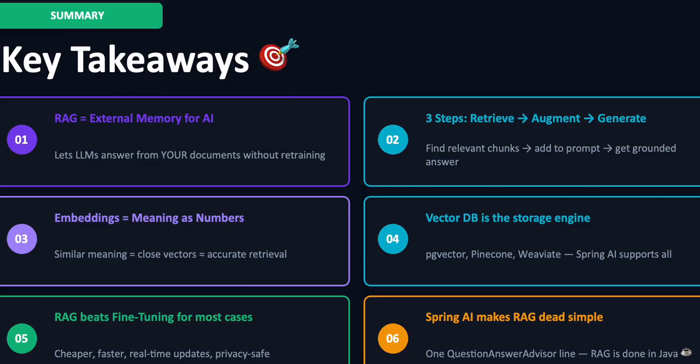PG Vector, Pinecone, Weaviate. Spring AI supports all of them. 5. RAG beats fine tuning for most use cases. It's cheaper, faster, real time, and privacy safe. And finally, the last is Spring AI makes RAG dead simple. One question answer advisor line, and you are done in Java.